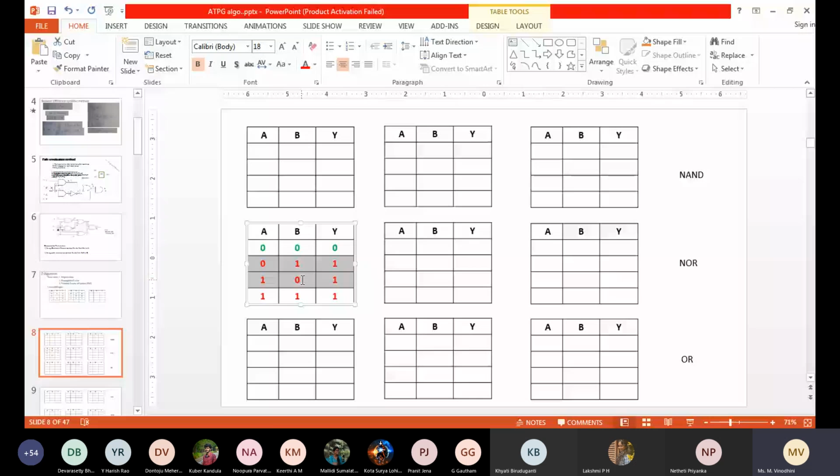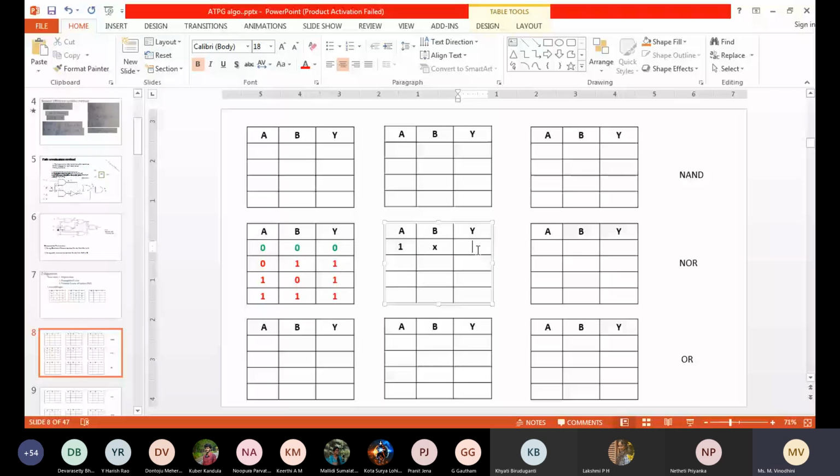No. Now second and third, only one variable is differing, so I can consider. Let me write here 1, X, 1. Now 1 and 3, 0, 1, 1, 1, X, 1. Only one change. So this group is done.